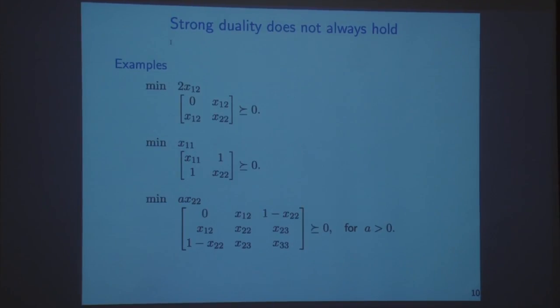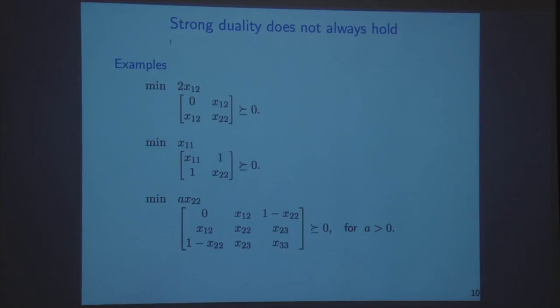If you look at that first example, that's this problem: minimize 2x12 subject to the matrix 0, x12, x12, x22 being positive semi-definite. So this is equivalent to having min Cx, A1x equal to B, and X positive semi-definite.